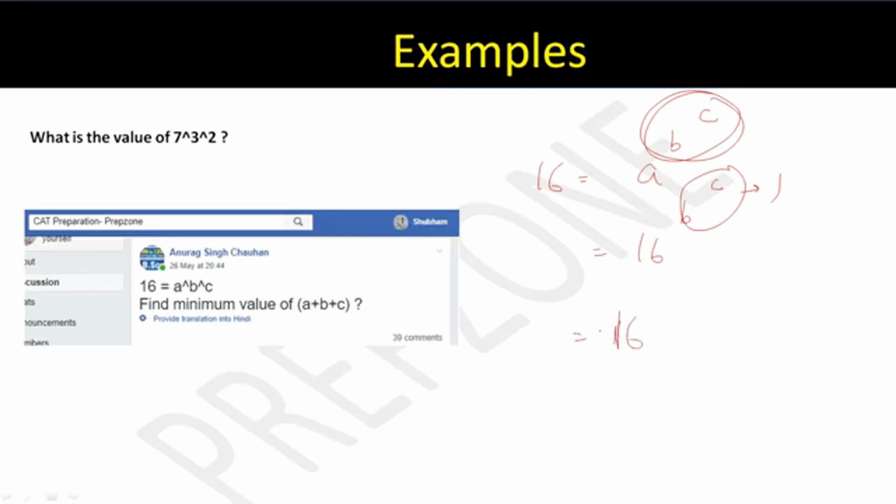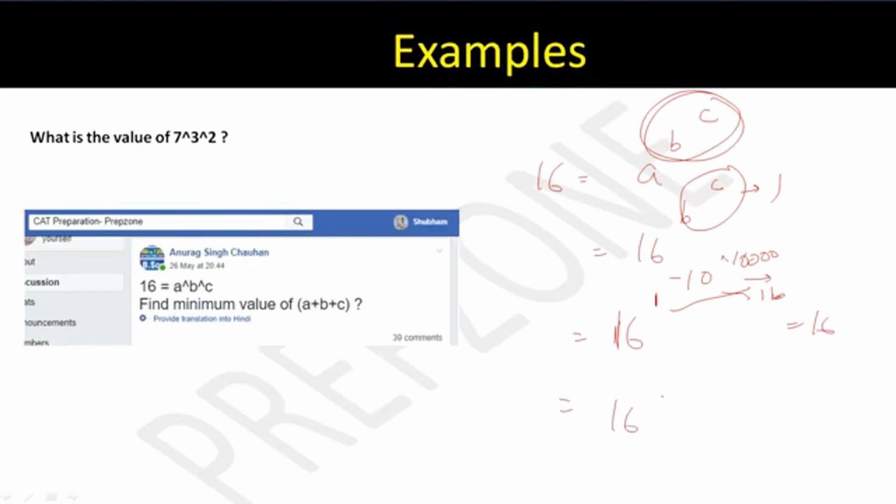Now if I want this value as 1, it can be 16 to the power, because minimum is asked. Okay, fine, 16 to the power. If I put this value as 1, now I can put any value of c, right? It can be say minus 10 to the power 1000. This value will always be 1 and the final answer will always be 16. But now the minimum value is a large number in negative.